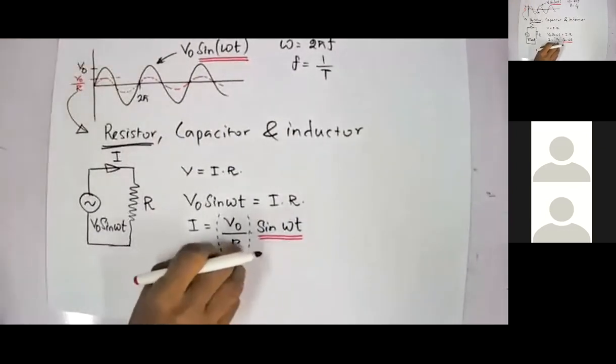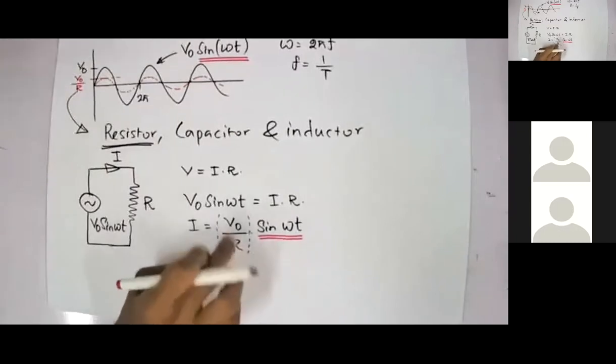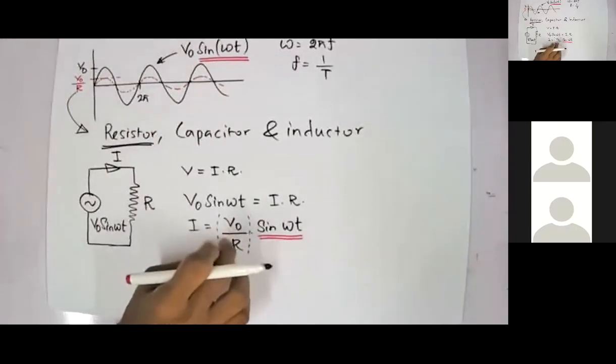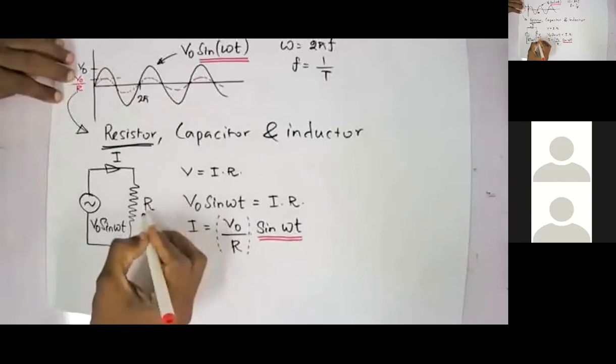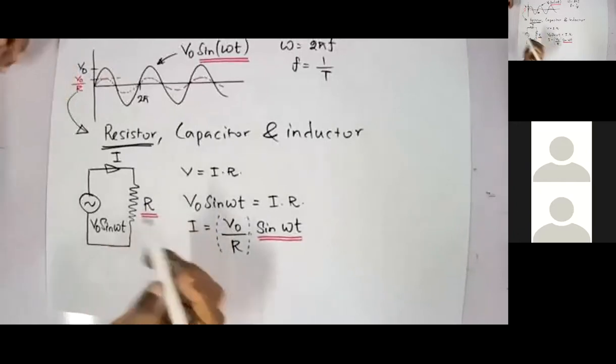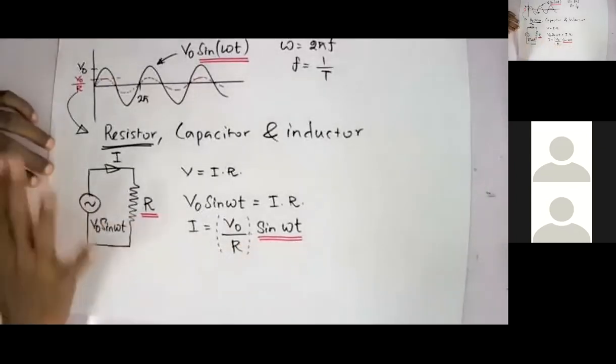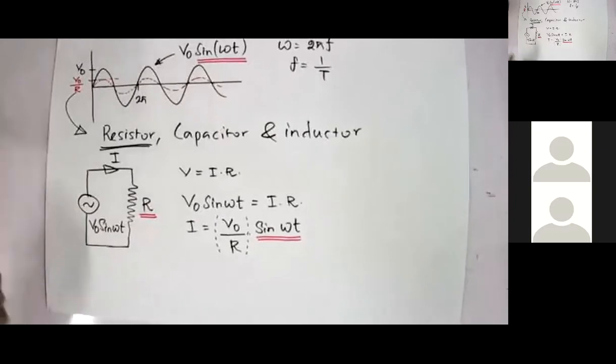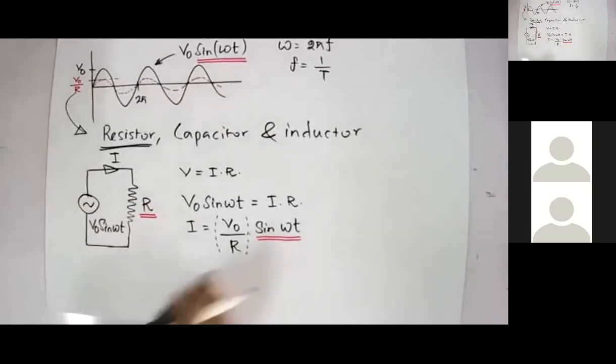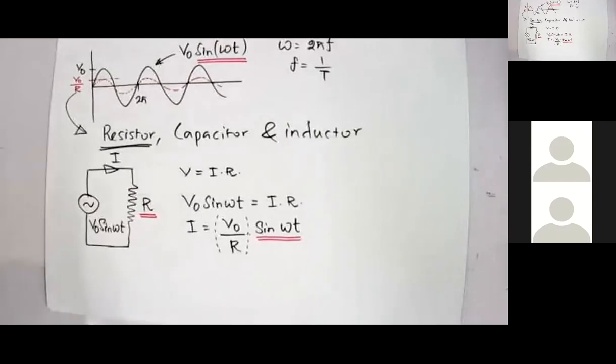The scaling factor will be modified based on the magnitude of the resistance R. So I can simply say a resistor does not offer any phase shift to an AC signal.